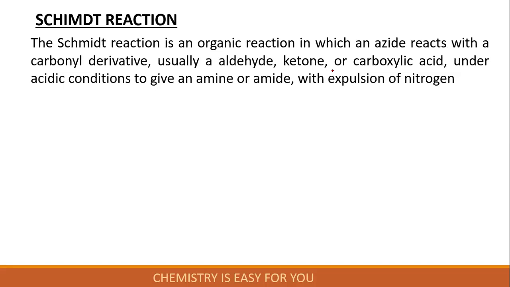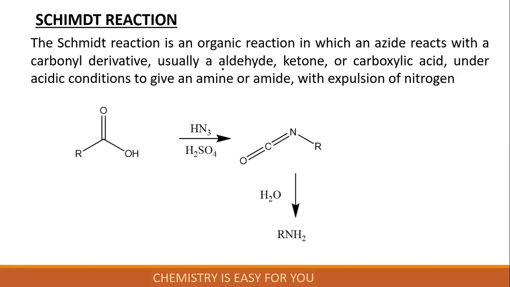In the Schmidt reaction, an azide reacts with a carbonyl derivative, usually an aldehyde, ketone or carboxylic acid, under acidic condition to give amine or amide with expulsion of nitrogen. So let's see the representative reaction. Again, here we have a carbonyl derivative, I mean not a carbonyl derivative, this is a carboxylic acid.